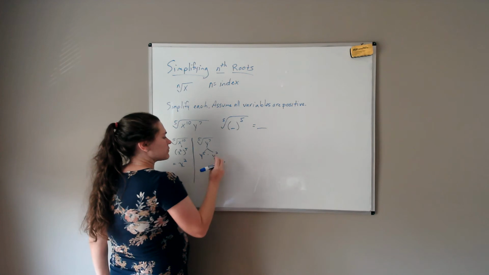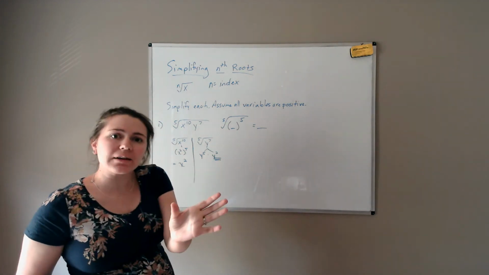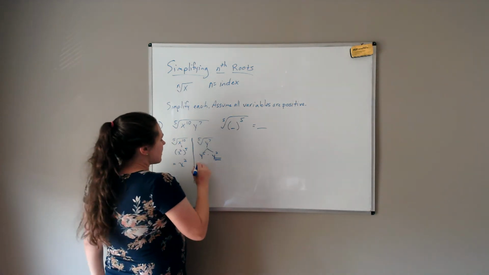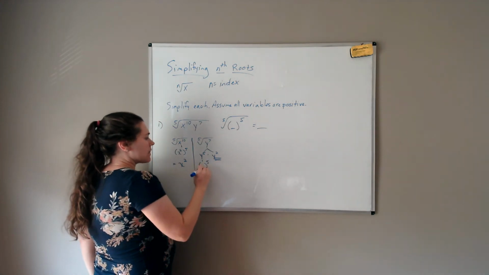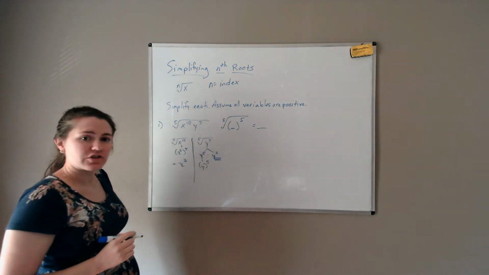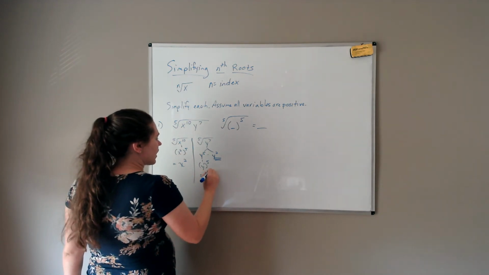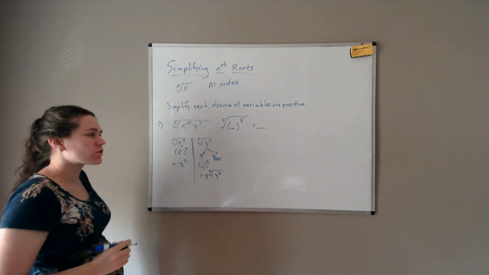What this represents is the leftover factors of y that aren't going to make it out of the radical. Now y to the 5th is the same as something to the 5th power. That's y to the first. So y to the first makes it outside, and you're left with the 5th root of y squared.